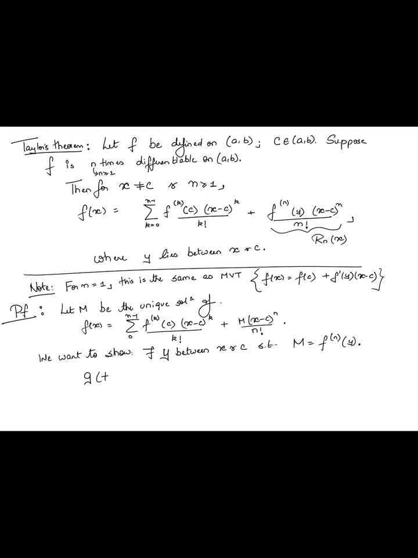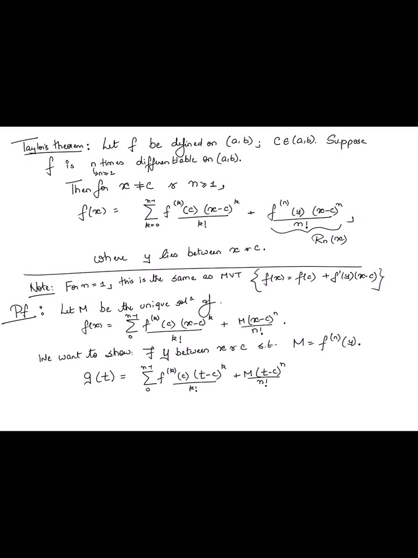So g of t is equal to the sum from k equals 0 to n minus 1 of f^(k) of c (t minus c)^k by k factorial, plus M times (t minus c) raised to n by n factorial.